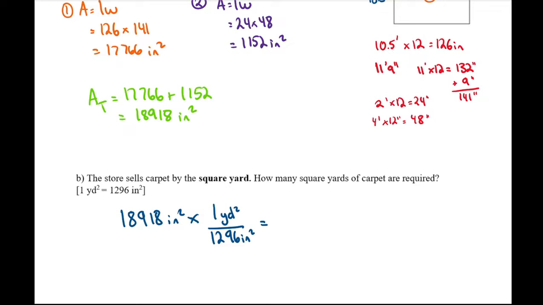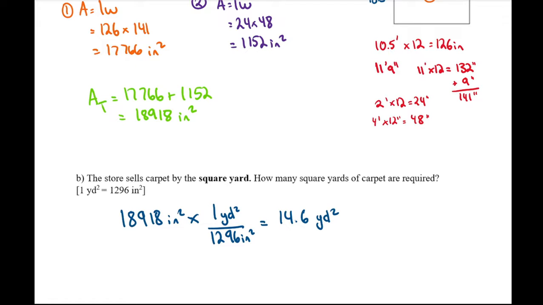This essentially becomes 18,918 divided by 1,296. And I end up with 14.6 yards squared. So I need 14.6 square yards of carpet.